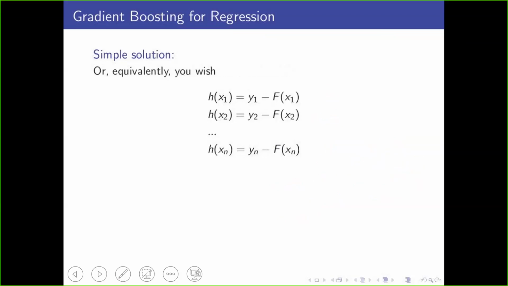Similarly, h of x2 is equivalent to y2 minus f of x2, and so on, h of xn is equivalent to yn minus f of xn, isn't it? So you want to fit a model to these residual parts where the existing model couldn't do well. You are trying to fit another model to compensate for the shortcomings of the existing model, and the shortcomings are these residual parts, right?